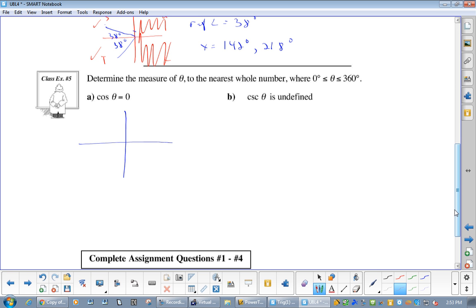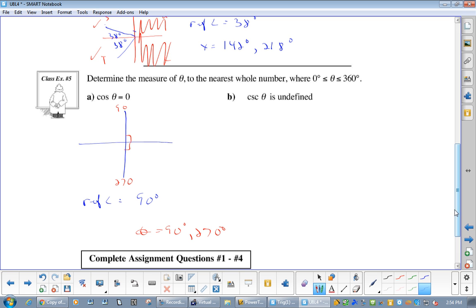What's reference? Let's try that first. What's reference angle? 90 degrees. So remember, that's always from the x-axis. So we would get 90 and 270. And if you look on your unit circle, cos is, right? So the theta equals 90 degrees and 270 degrees.